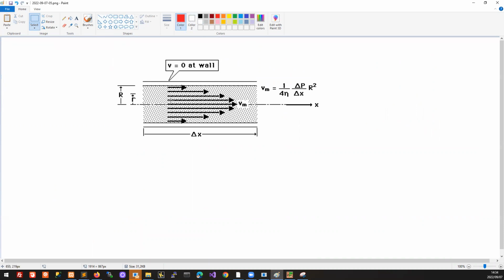If it's laminar flow, your center velocity is of course going to be the maximum, because that's the furthest away from the wall. At the wall, you have zero velocity. It's a no slip condition at the wall. So V equals 0 at the wall, and then V is some maximum in the center.